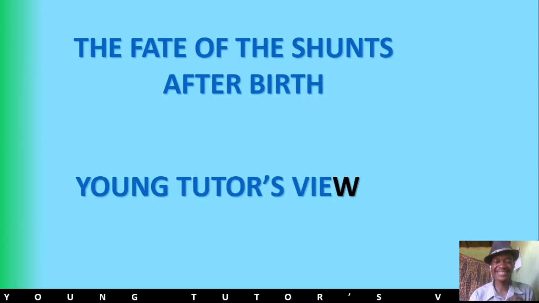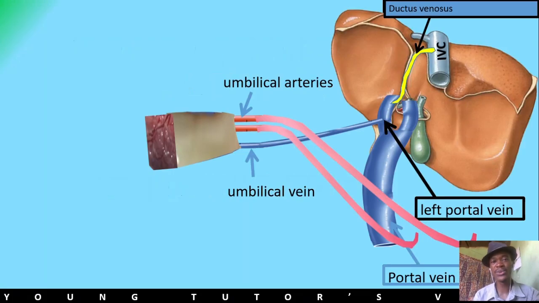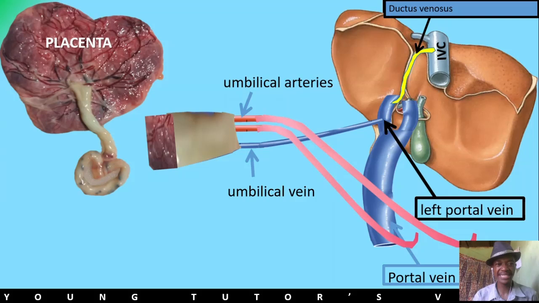Okay, so what is the fate of these circulatory structures after birth, or what are they going to become in neonates, according to Young Tutor's view? Let's get into it and see what they're going to become. What we know is that after birth there is expulsion of the placenta.